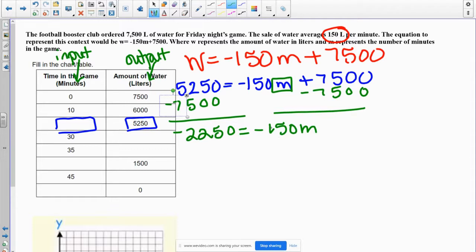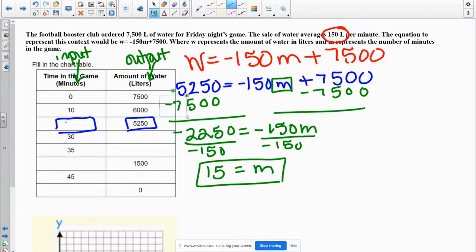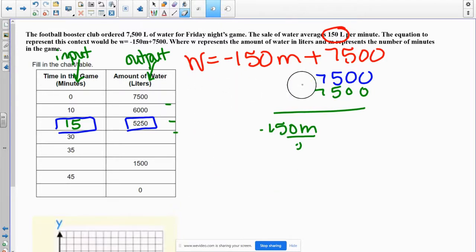Now, if I want to get rid of the negative 150, that's being multiplied times the minutes, I'm going to divide both sides by negative 150. Sorry, my calculator's acting goofy here. And we get 15. So 15 minutes have passed since the game started, and we now have 5,250 liters of water left. I'll erase it again so we can use our next step.